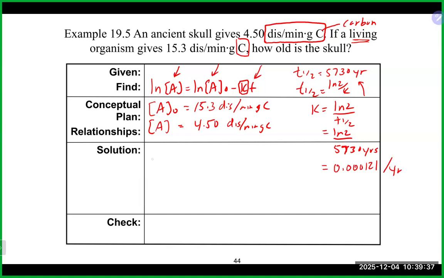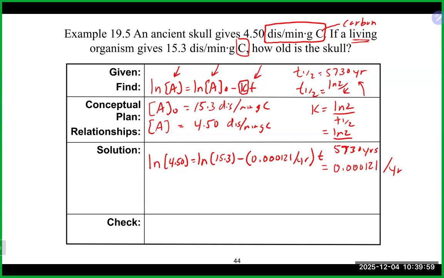Popping this in, natural log of our final, 4.5, equals the natural log of our initial, 15.3, minus our constant, 0.000121 reciprocal years, times t. So we're going to solve for t here.